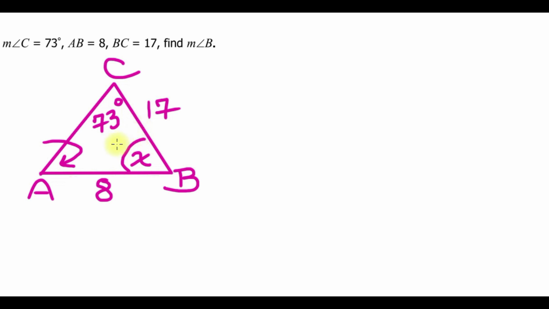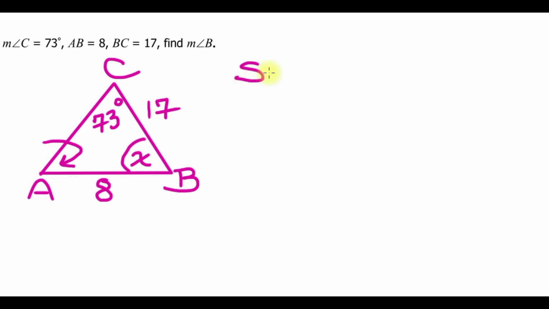You can set it up using the law of sine to come up with angle A, and then from there, you can find angle B by taking angle A and angle C away from 180.